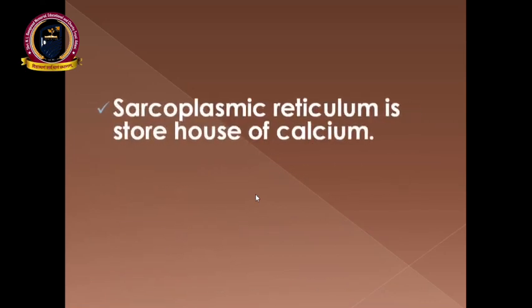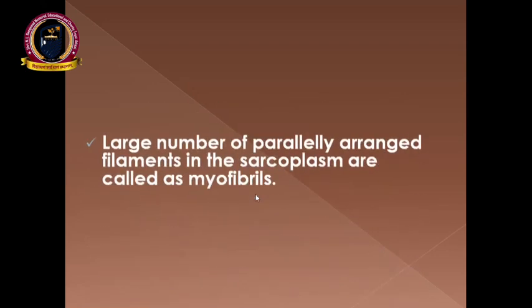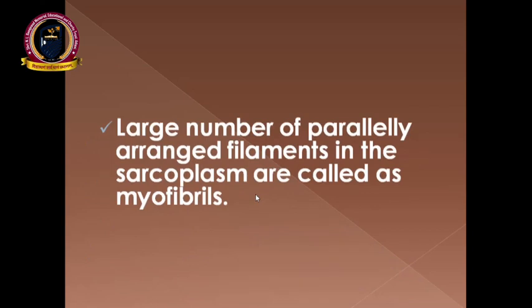Sarcoplasmic reticulum is another important organelle inside the myofiber, and it stores the calcium ions. Large numbers of parallelly arranged filaments inside the sarcoplasm of a myofiber are the myofibrils.